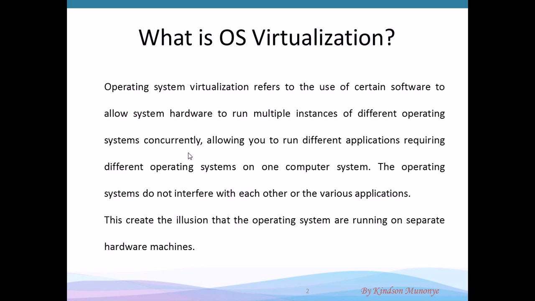So you may have Ubuntu Linux running, you have Windows XP, Windows 7, Windows 8, and some Mac also running right there on this single hardware machine. The applications installed in these operating systems tend to see the operating system as if it is running on separate hardware. Meanwhile, you just have one single hardware server there.